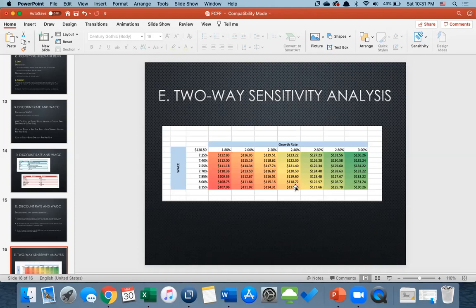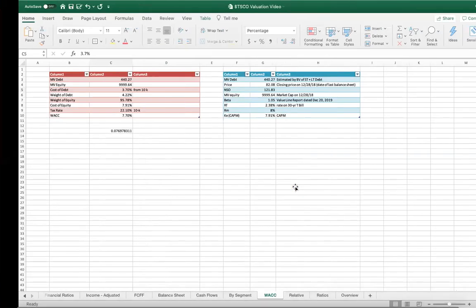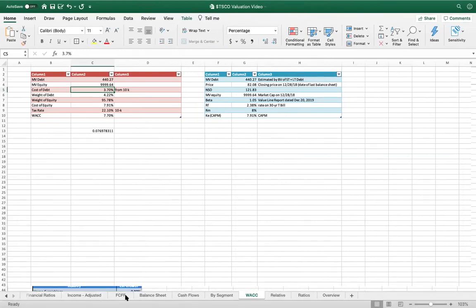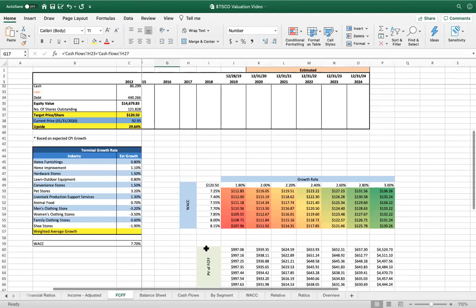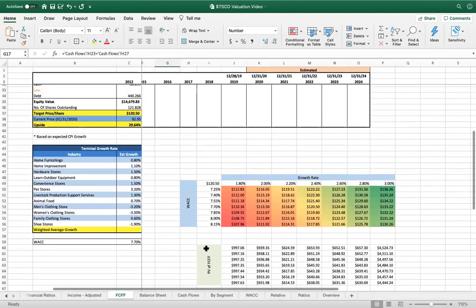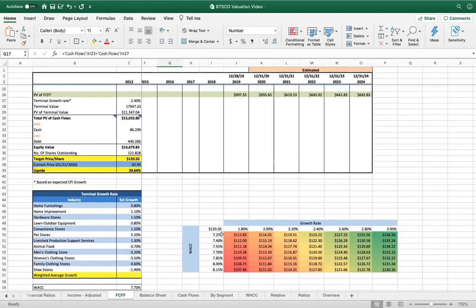The way we conduct this sensitivity analysis is using Excel's table function. I'll show you how to do it exactly, step by step. So here you put the table. You manually input the growth rate number 2.4 and manually input these numbers, or you can add or subtract using the calculation function.